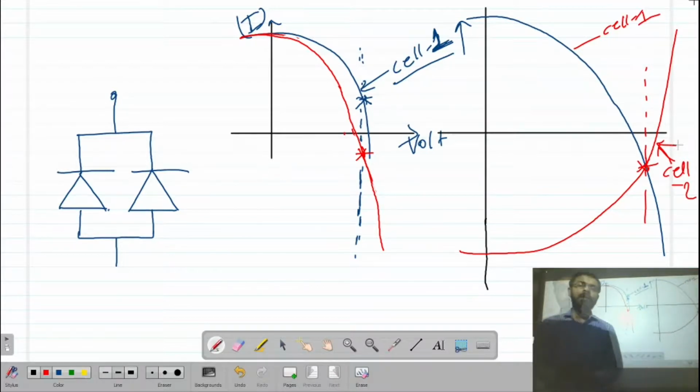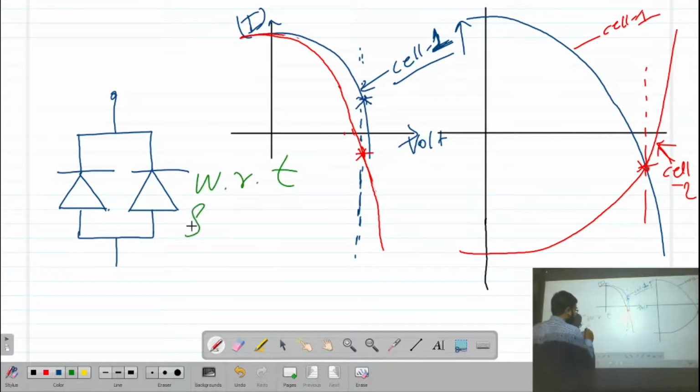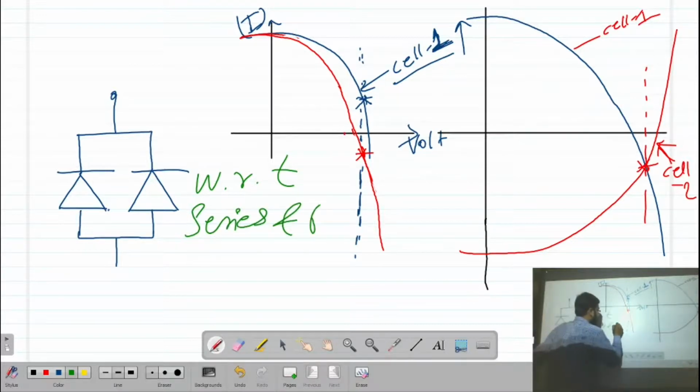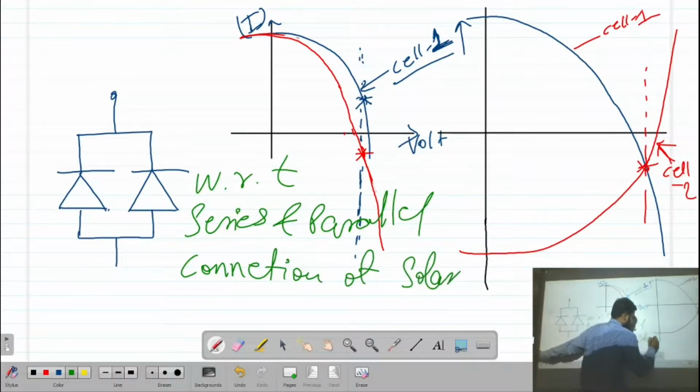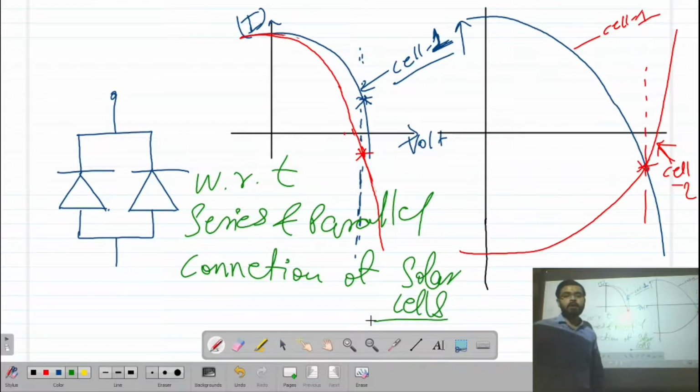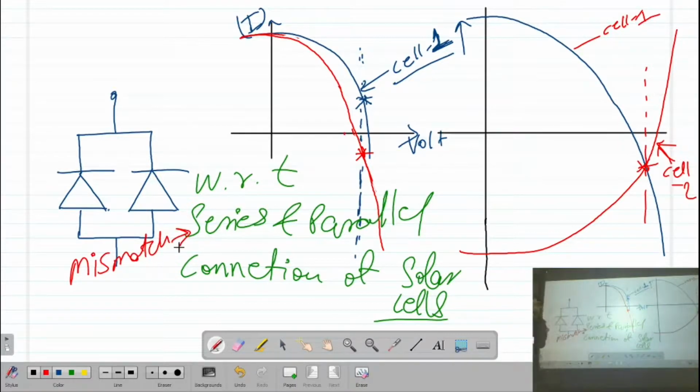Further, this is what we have studied with respect to series and parallel connection of solar cells, and mismatch in series and parallel connection of solar cells.